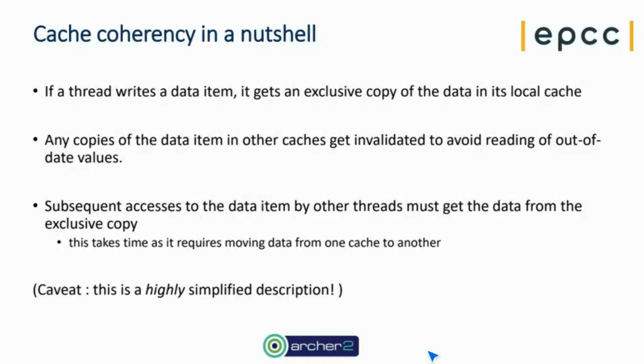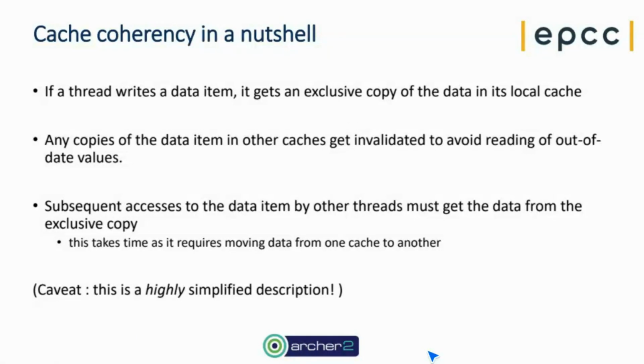Okay, so yeah, cache coherency is quite complicated, but from a very high level, this is what we need to understand about it. So in one slide, I'll try to explain the cache coherency mechanism.